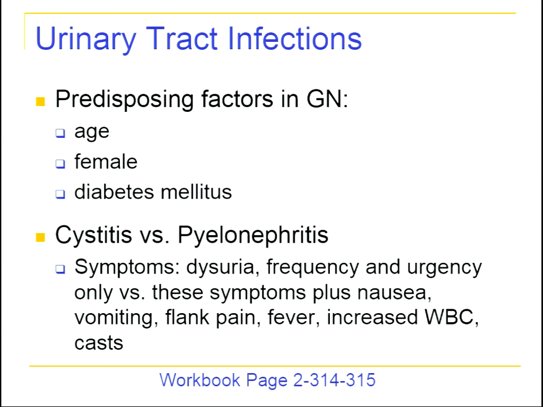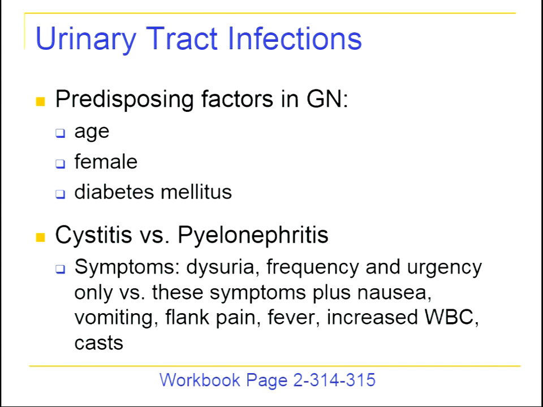So we know because of her diabetes, this is a complicated UTI. And then the other decision tree you need to go through is whether this is a cystitis or whether it's pyelonephritis. And because of her symptoms of more systemic disease, including fever, sort of elevated white count, the fact that she has flank pain, those are all leading us to believe that this is a pyelonephritis.